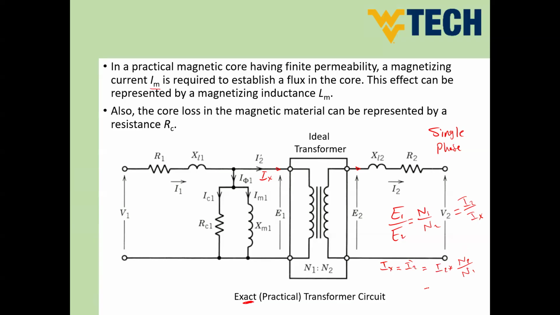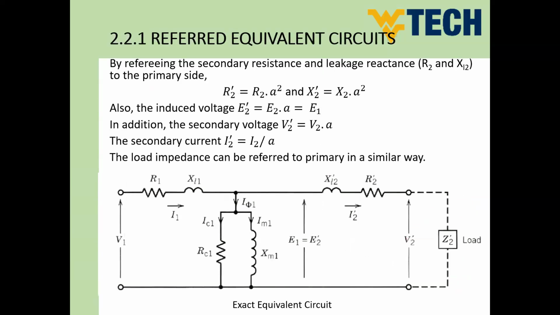So I can say I2 divide A, where A equals the transformer turns ratio, which is E1 divide E2 or N1 divide N2. So this is the way, guys, how we can make the transfer. I know you already learned that in electrical circuits too, but this is just to refresh your knowledge. So I'm going to transfer now every parameter from the secondary side to the primary side.